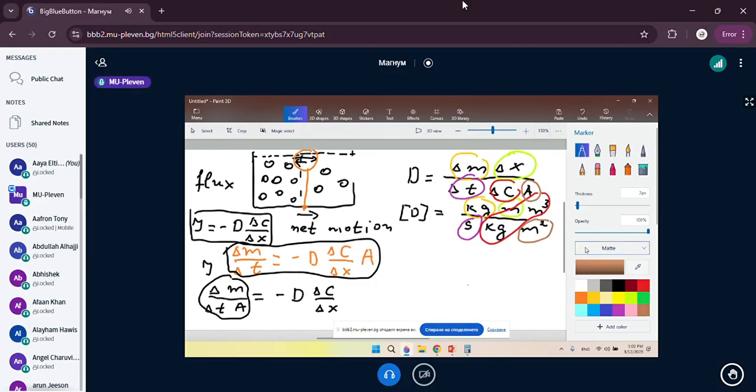Okay, let me now simplify. We can cancel kilograms. We can cancel meter squared with the third power, and what is left? The unit of measure for the coefficient of diffusion is meter times meter, which is meter squared per second.